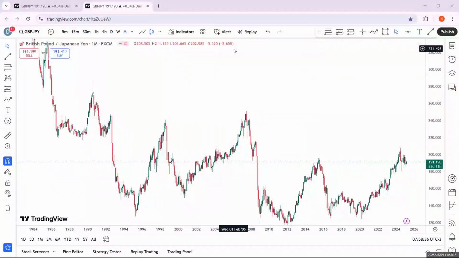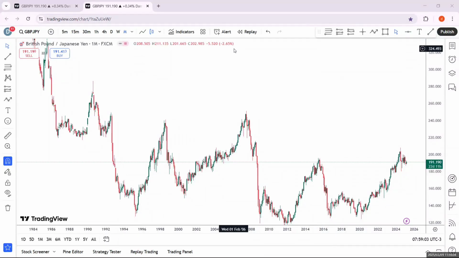I'm going to be taking GBP JPY for our teaching today. For all of you that are familiar with my trading system, you know that I operate a top-down analysis system. That is, I go on to the monthly time frame and I read the overall information and structures of prices from the monthly time frame down to even the 1 hour or the 30 minutes time frame for a real-time trade entry opportunity.